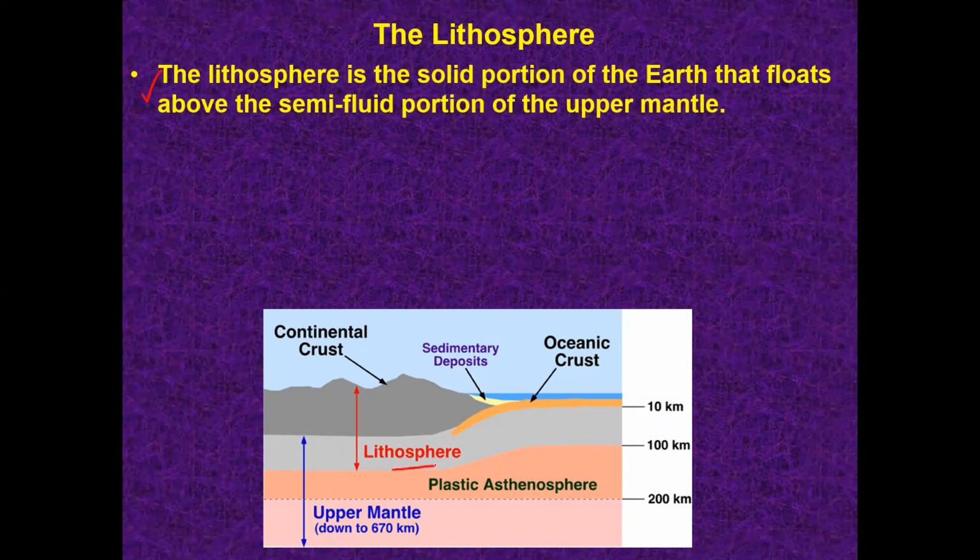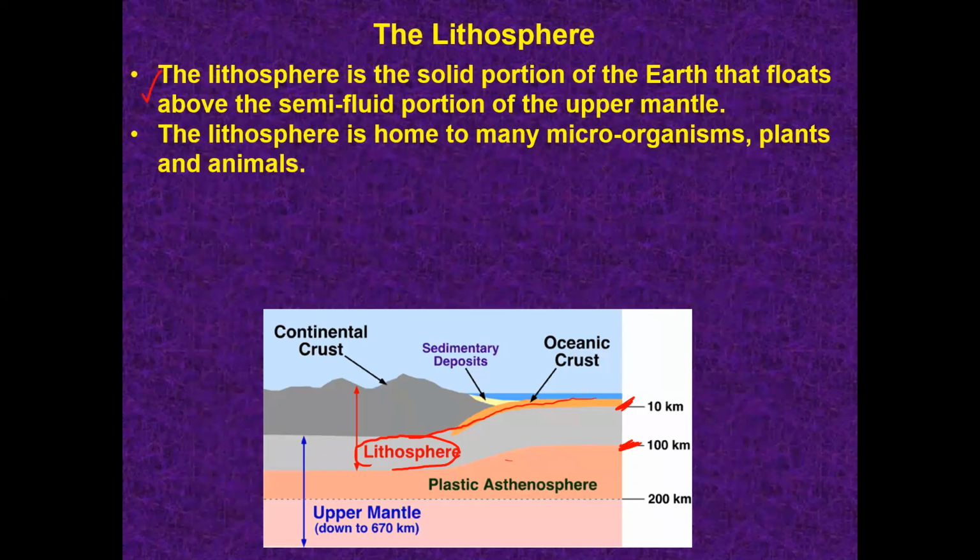Here it is. And in this case here, the crust gets pushed under, or subducted, another crust. So this is that first 100 kilometers, the lithosphere. And if we go down about a mile underground, you find microorganisms still there.